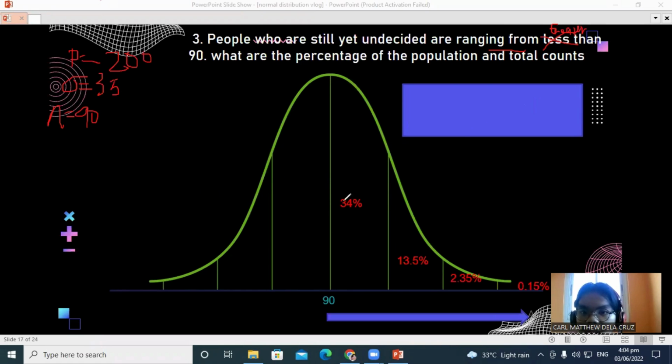So 90 and greater, to the right. So 34% plus 13.5% plus 2.35% plus 0.15%. So let's add the values. This will give us 5%.